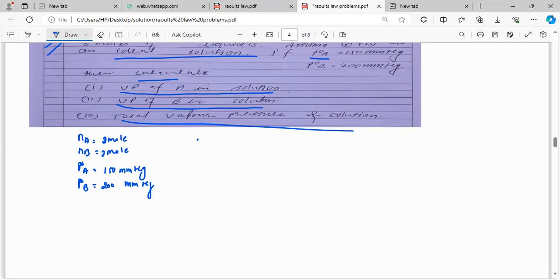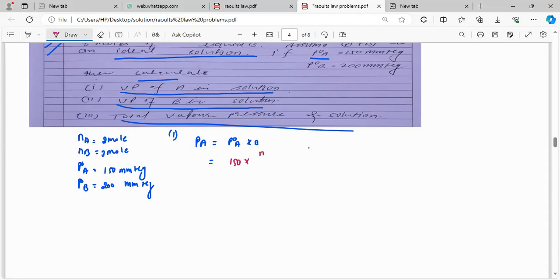So PA is P naught A times XA. First one we are doing. P naught A already they have given, 150. Multiply by XA.